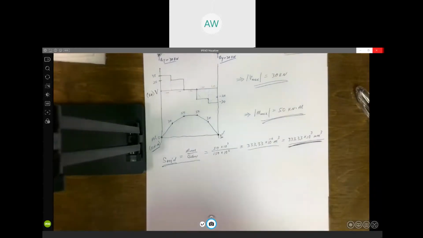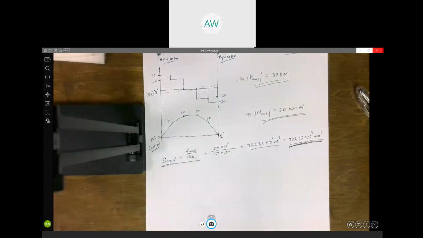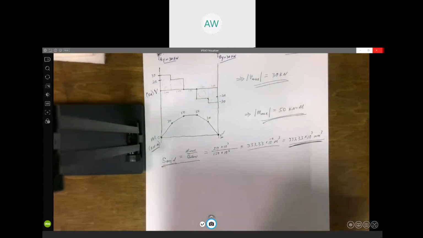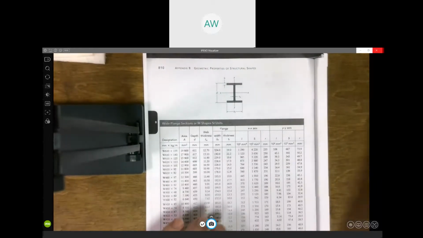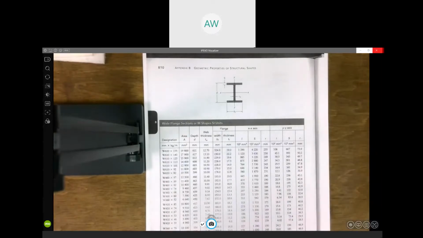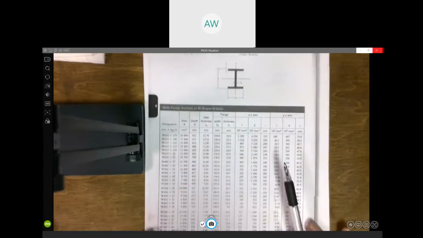All right, so I made copies of, obviously we're dealing with SI units here. So if you go in the back of your book, it's on page 810, Appendix B. This is for SI units. And where the table starts, you'll notice it starts with the bigger beams, and they get smaller as you go down the page.